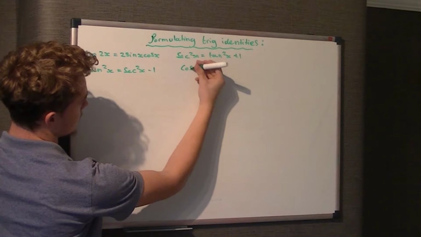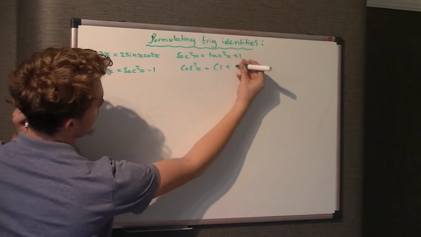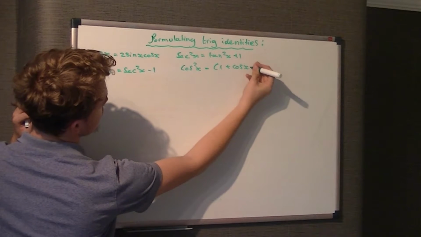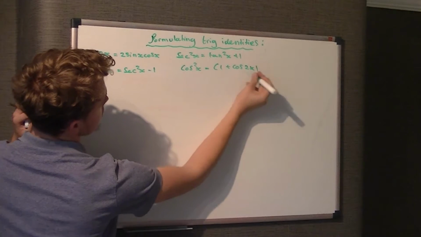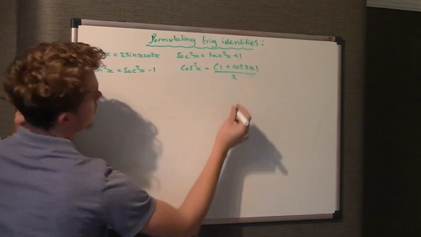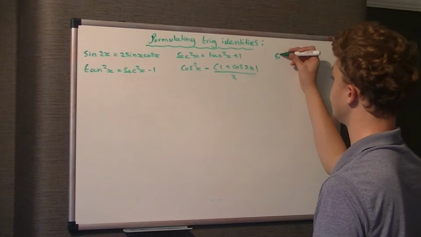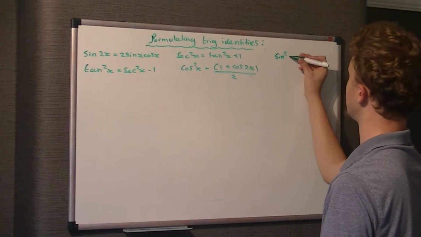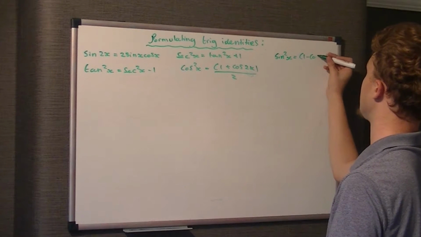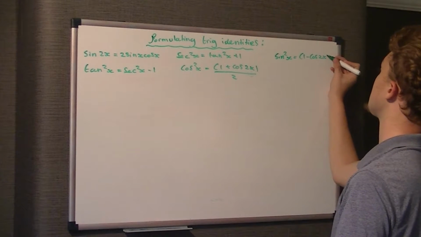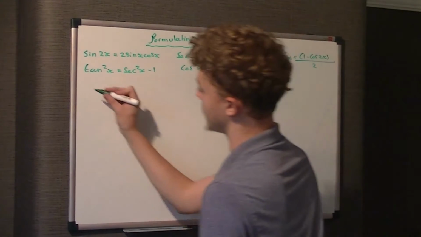Your cos squared x equals 1 plus cos 2x over 2. And then your sine squared x equals 1 take cos 2x over 2. So they're your identities.